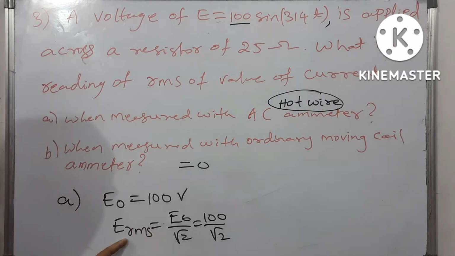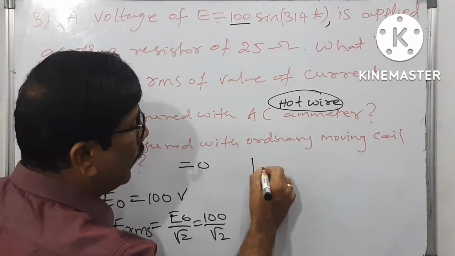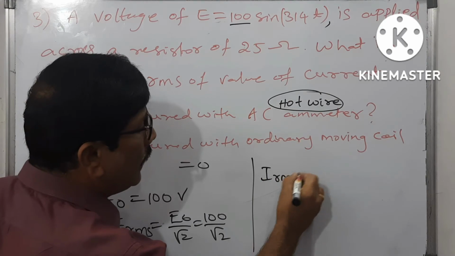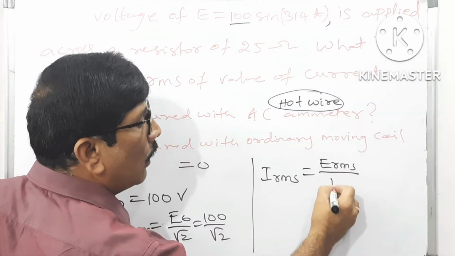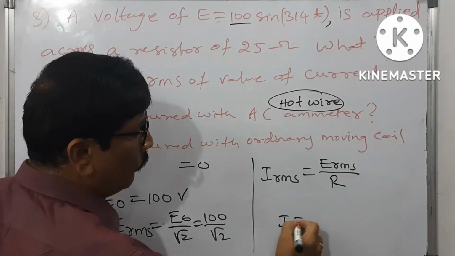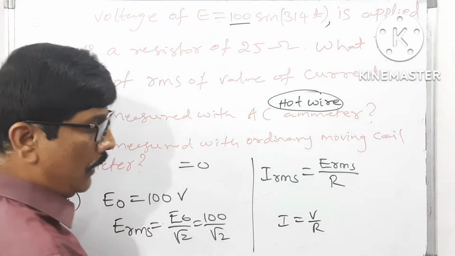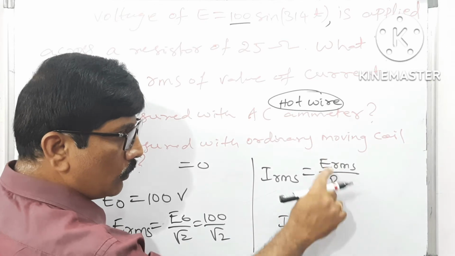This is actually E RMS, but our goal is to find I RMS. I RMS is nothing but E RMS divided by resistance. You know the formula I is equal to V by R, where V is the electromotive force.